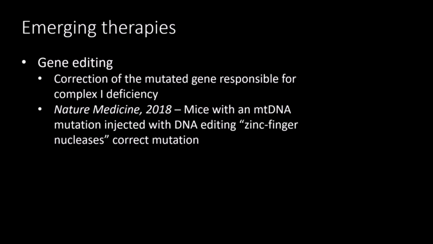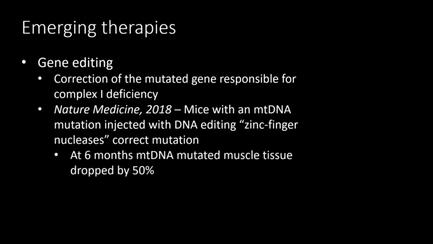They injected mice with what are called zinc finger nucleases, which will edit very specific strands of DNA. And what they found was at 6 months, the mutated mitochondrial DNA had dropped in muscle tissue by around 50% compared to their controls. So pretty promising.